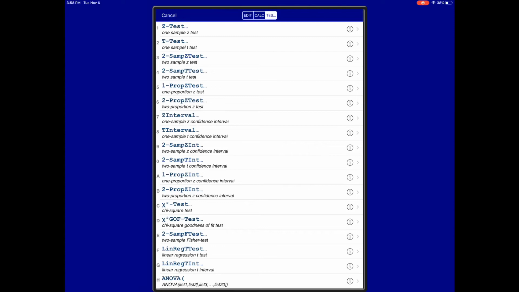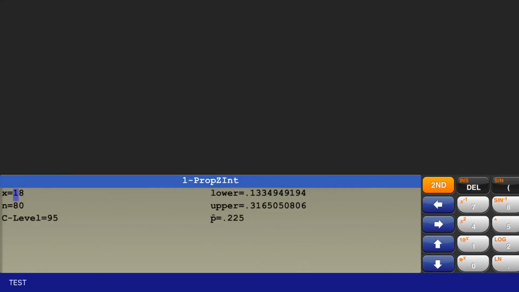We will go to 1 proportion z interval, okay? And here are all the things. Actually, these are all the inputs we used last time for the 95% confidence interval, right? Now this, remember, gives us the interval of likely values, and it's creating this interval from our sample, okay? So none of the P0, Q0 stuff, it's all P hat, Q hat, etc.